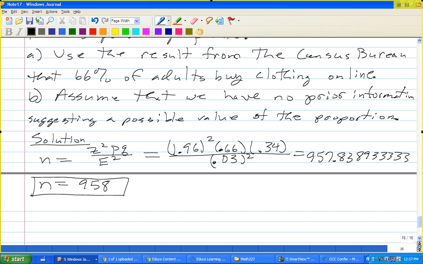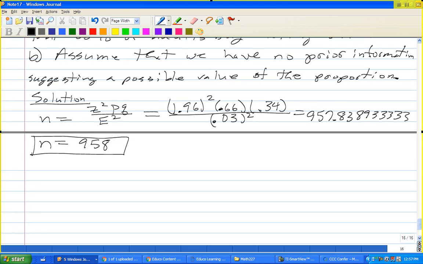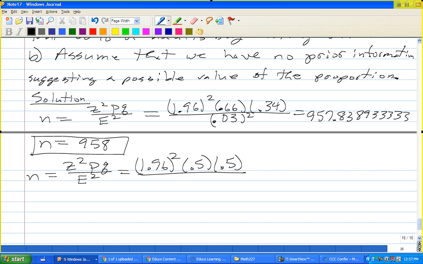Well, suppose that I don't have an estimate at all for my population proportion, in which case I'm just going to estimate P by 0.5. Of course, I have 50% chance of success, 50% chance of failure. And then plug that into my calculator.